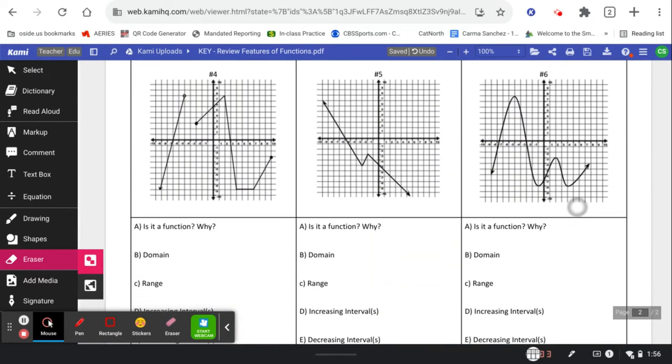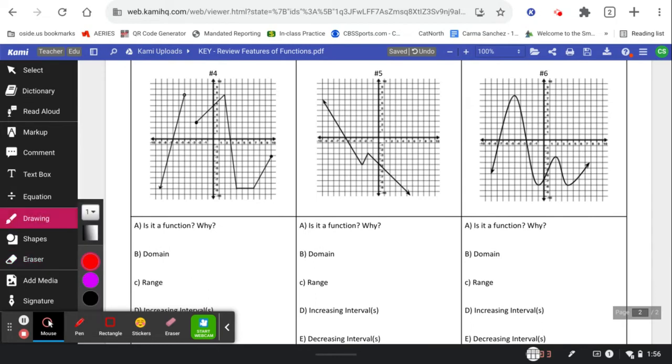Okay. Now we did this one in class. If you want to fast forward it, domain is in two parts.